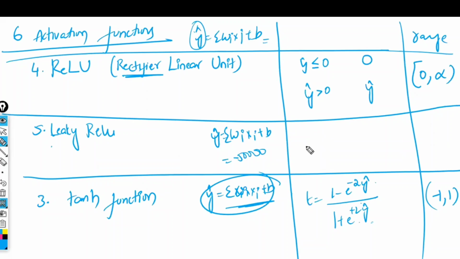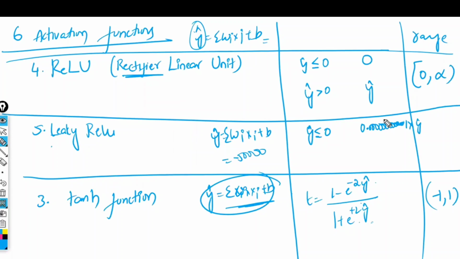So instead of that neuron dying, why can't we convert it to some value? If the y hat is less than or equal to 0, multiply that value by 0.00000000000 something. Means minimize that negative value. The neuron will not die, but there will be little use.